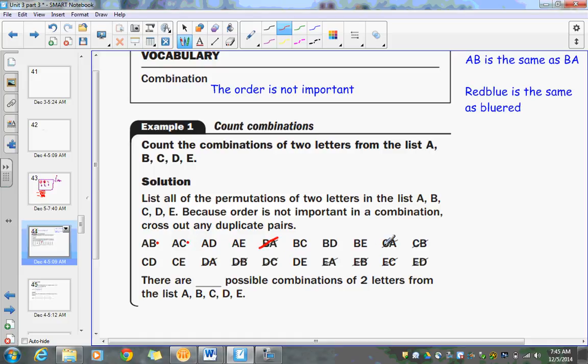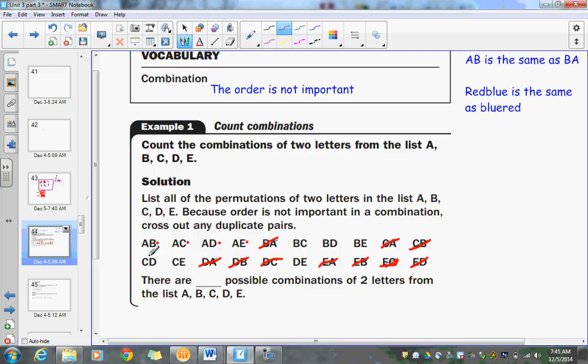AC is right here, but they crossed out CA because, once again, order's not important. That's a repeat. AD is right here, but underneath it, DA has been eliminated because you can't have repeats. So all the repeats are being crossed out. So the possible combinations are going to be far less than your possible permutations.